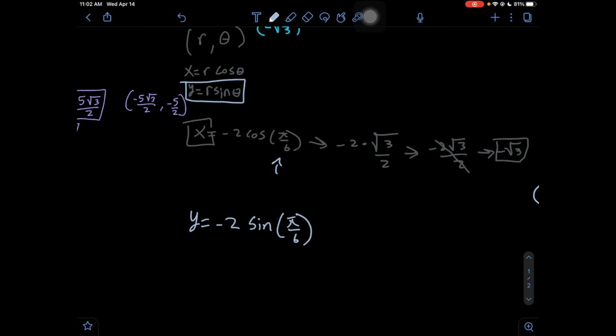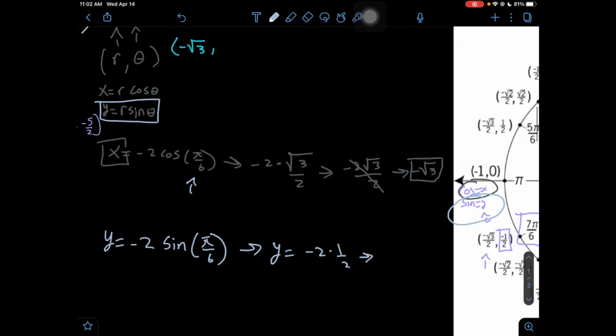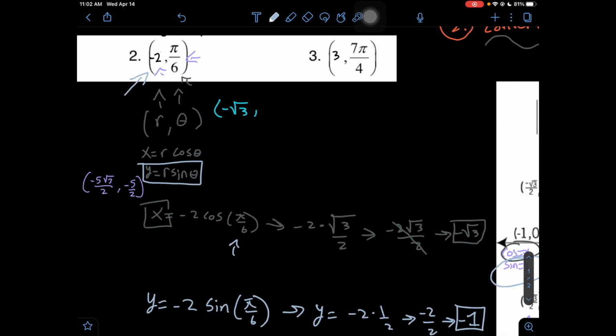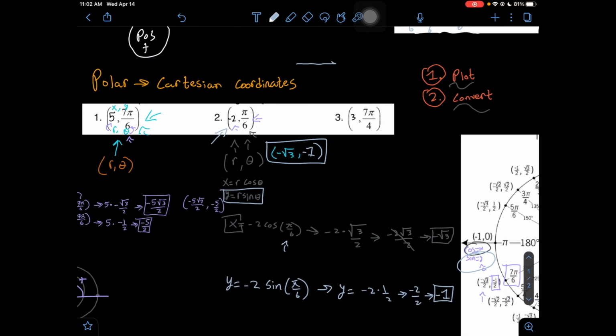So we have y equals -2 times 1/2. That is just -2/2, which is just -1. So our y value is -1. This means that the Cartesian coordinate for -2 comma pi over 6 is negative square root of 3 comma -1.